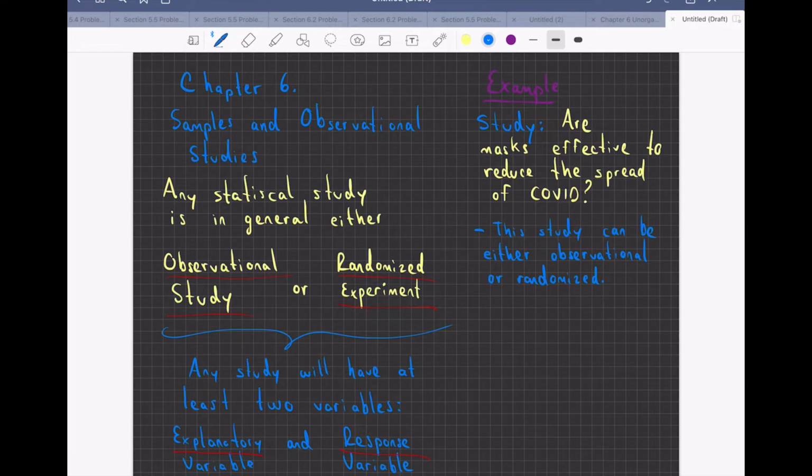That is the main difference, right? The main problem with observational studies is that it's very difficult or almost impossible to deduce cause and effect only from that study.